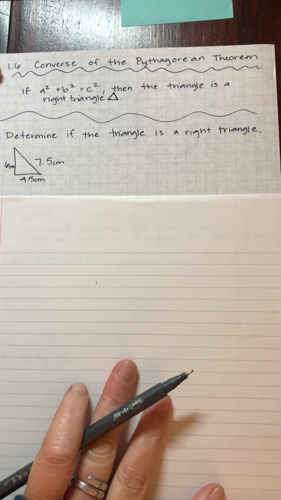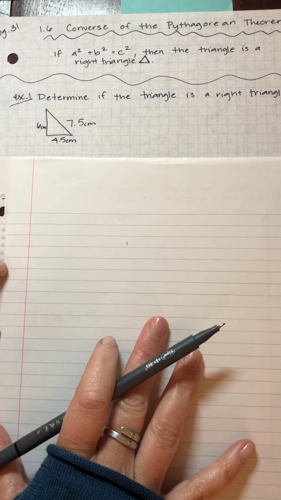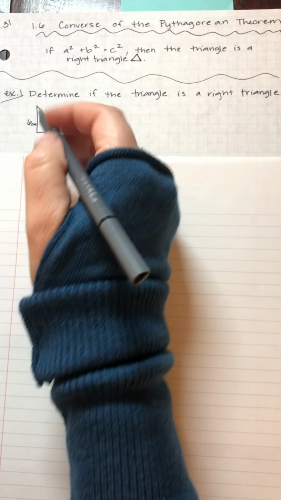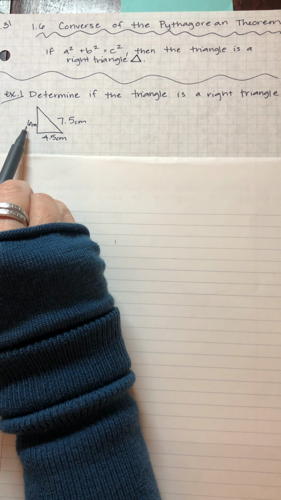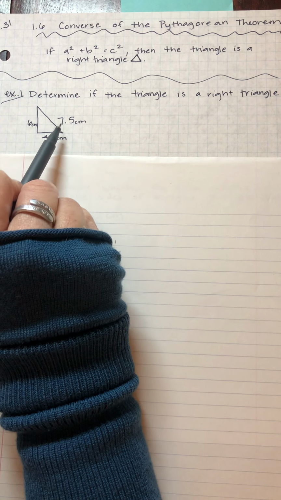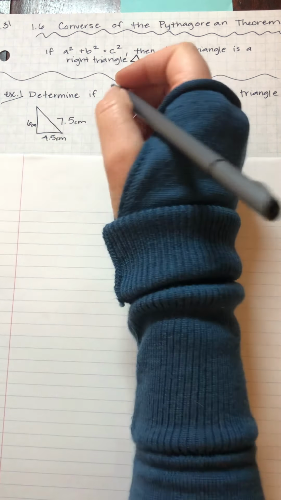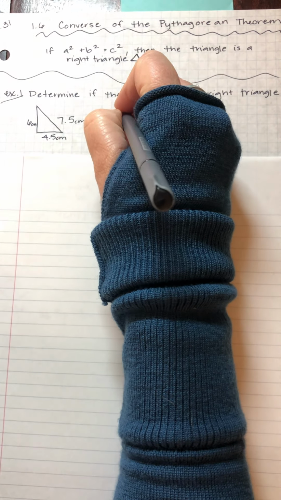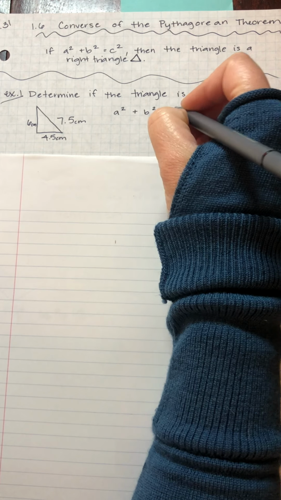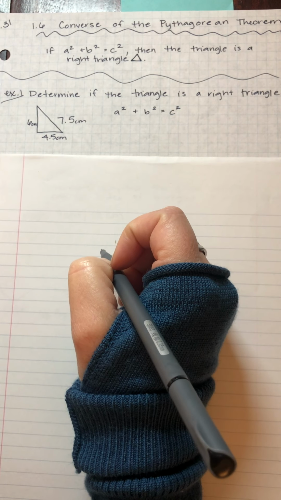So, for example 1, if we have a triangle with the lengths as 6, 4.5, and 7.5 centimeters, we are being asked today to prove whether or not that will be a right angle, to prove whether a squared plus b squared truly equals c squared.